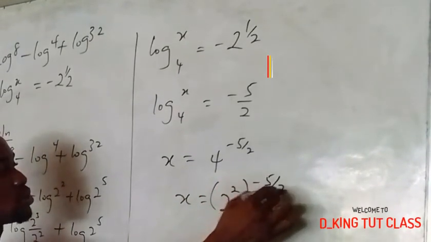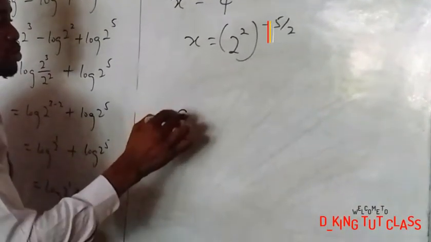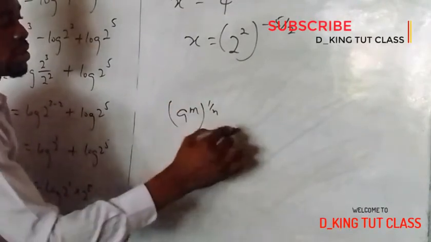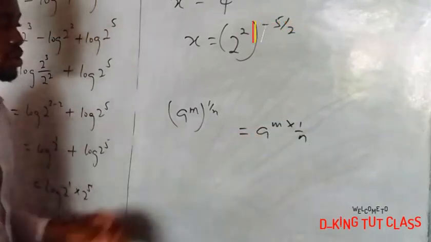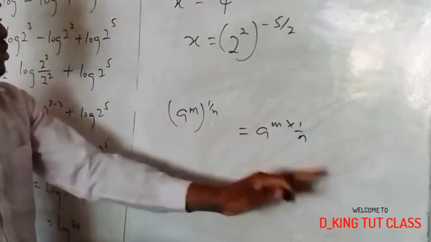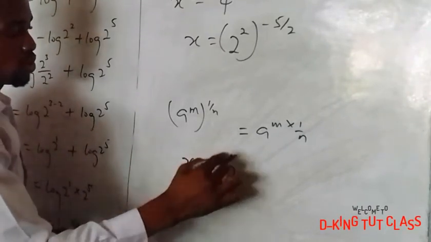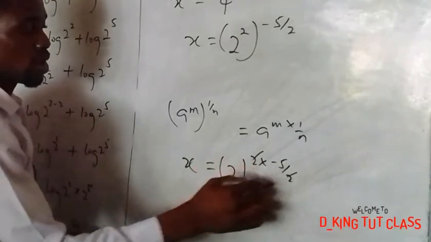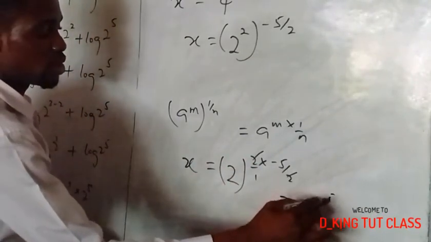Now, if you remember our law of indices, whenever I have a raised to power m, all raised to power n, it is the same thing as saying a raised to power m times n. So for this, I'm going to have 2 raised to power 2 times minus 5 over 2, where 2 cancels out with the 2 in the denominator, and we have 2 raised to power minus 5.